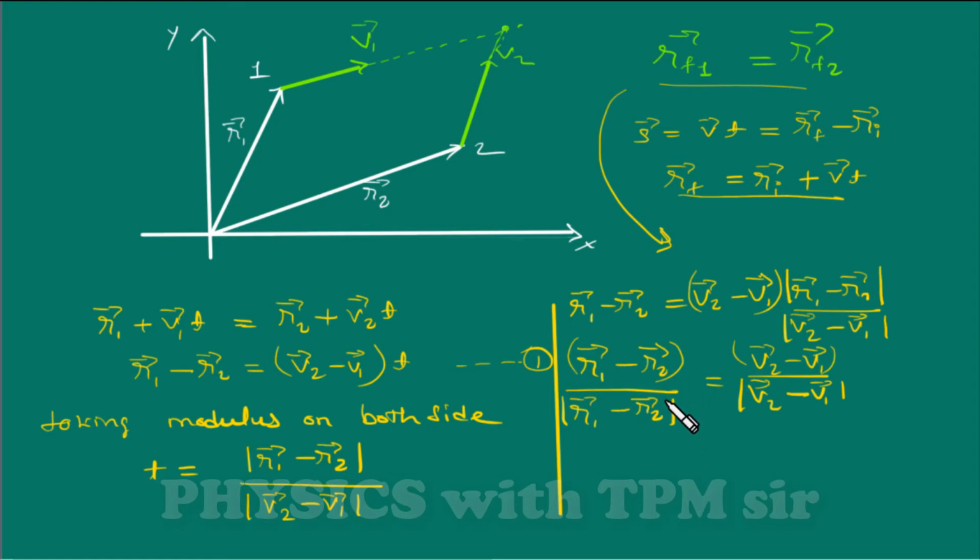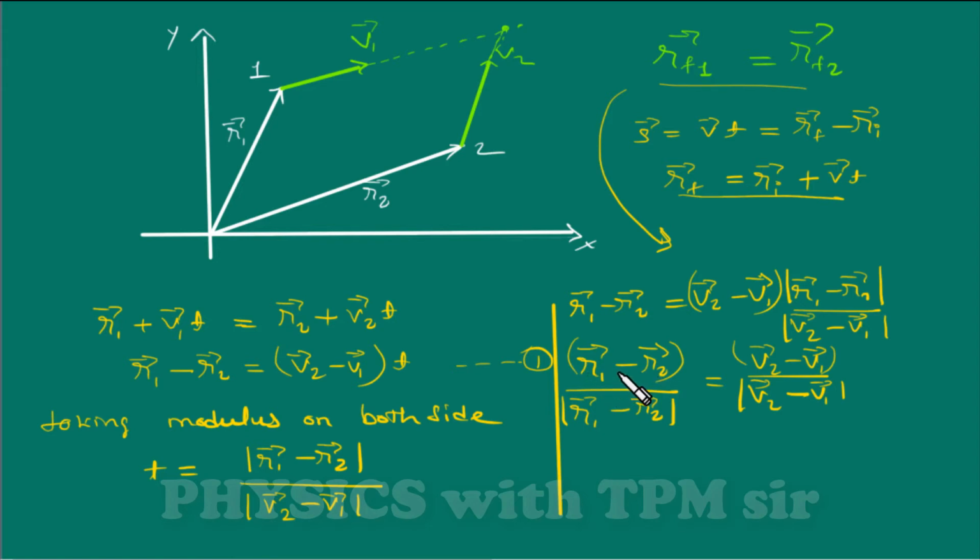If you look at these two terms, LHS and RHS, carefully, what is written? What is a unit vector? A unit vector is the vector A divided by the modulus of A. So this is the vector r1 minus r2 divided by its modulus.